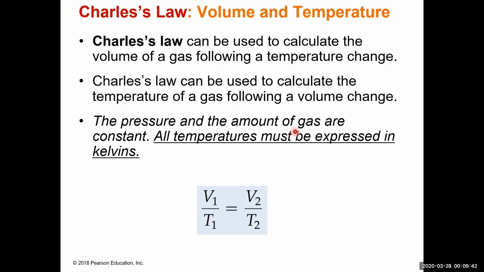And remember, very importantly, that the temperatures must be expressed in units of Kelvin when you're using this law. So with Charles' law, if we're looking at two different volumes and two different temperatures, we'll have that the initial volume over the initial temperature, so that's V1 over T1, is equal to the final volume, V2, over the final temperature, T2.